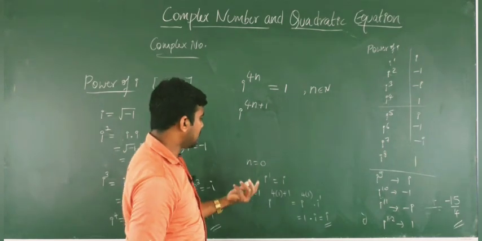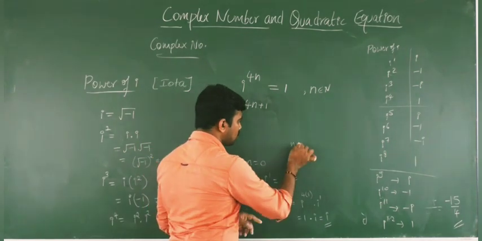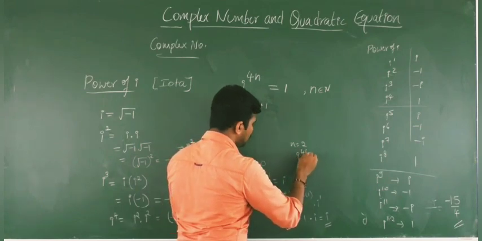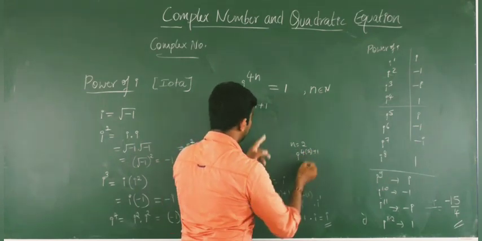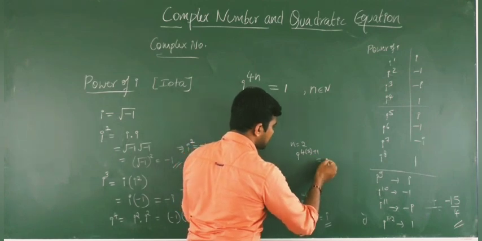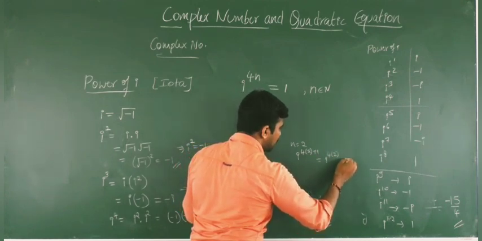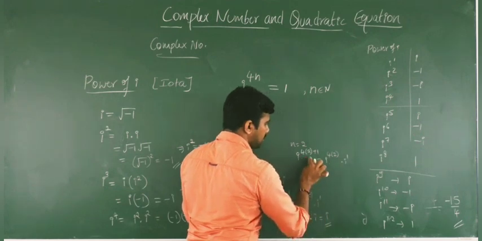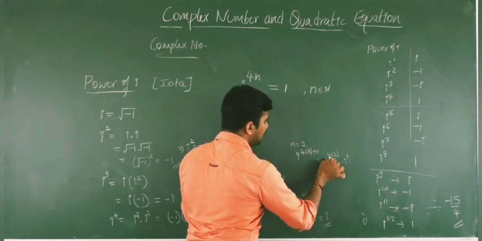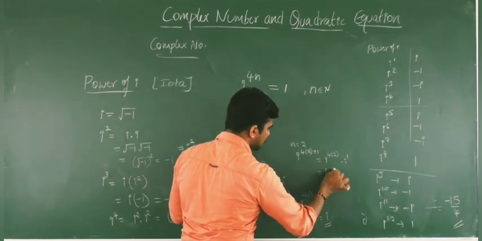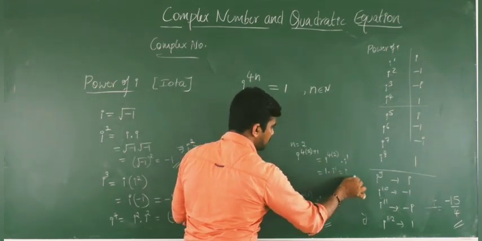If you take n equal to 2, what will we get? i to the power 4 into 2 plus 1, which is i to the power 4 into 2 times i to the power 1. We have to separate the power. i to the power 4 into 2 is 1, times i to the power 1 is i.